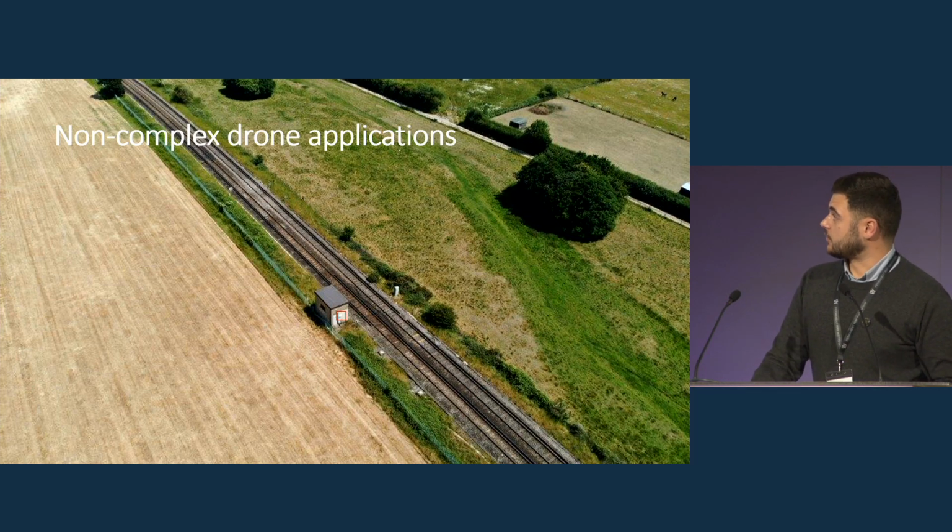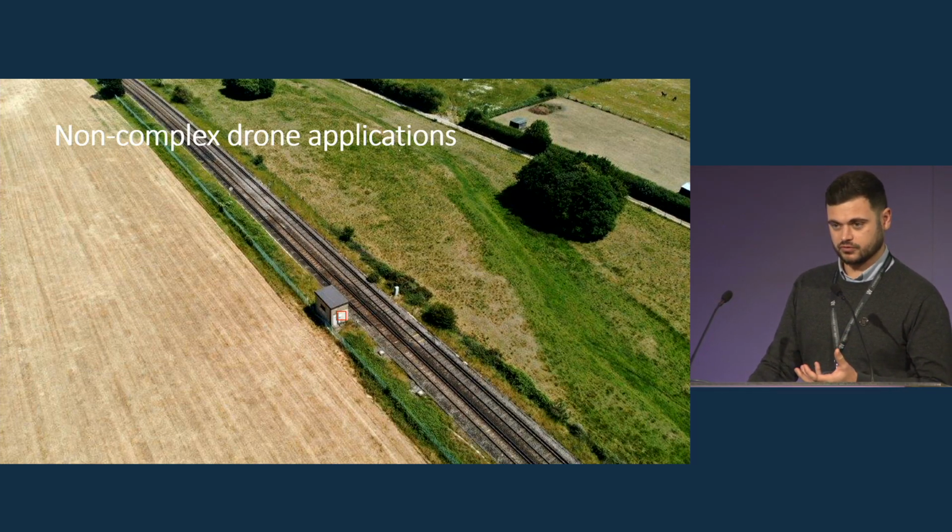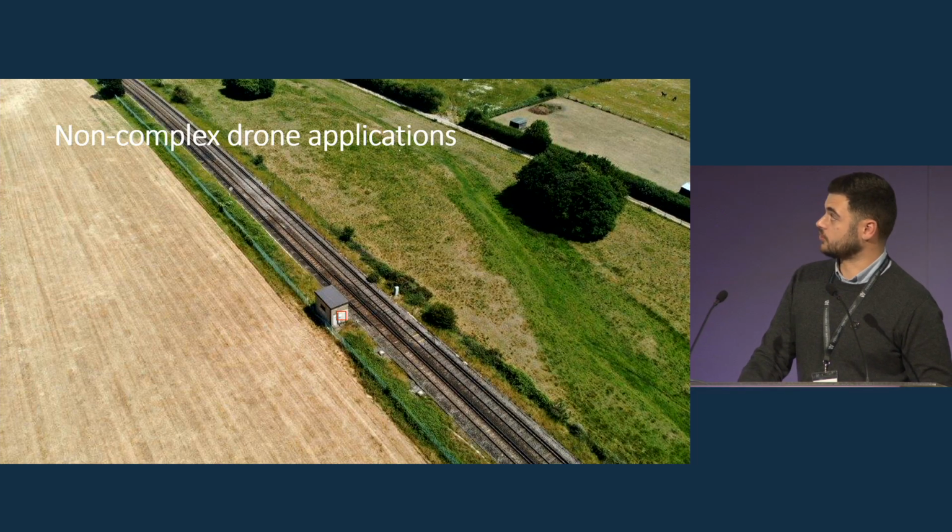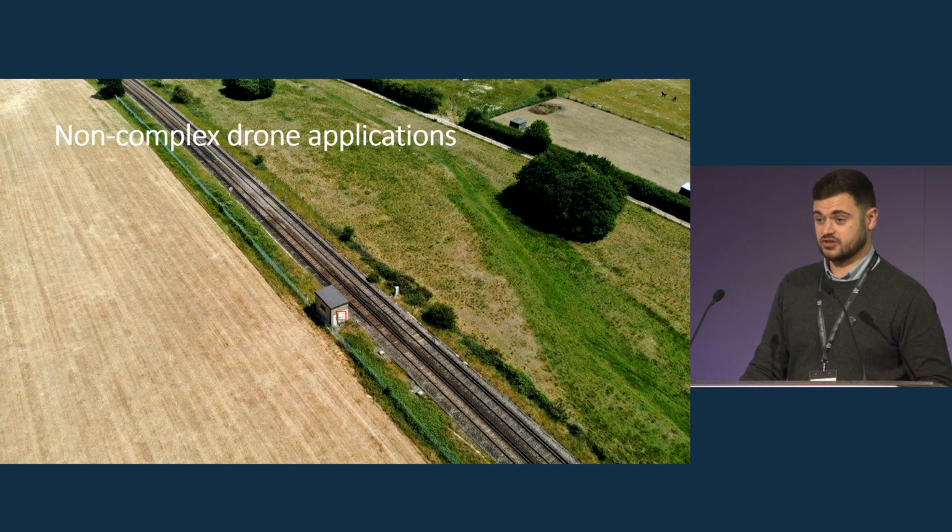So Colin talked about the things you need to be aware of when you're using drones for complex applications, such as photogrammetry and creating 3D models and things like that. But I just wanted to touch upon quickly what our pilots are doing today, so those 200 colleagues that we have trained. So we have some relatively non-complex tasks, so things like inspections, looking at the rail corridor.